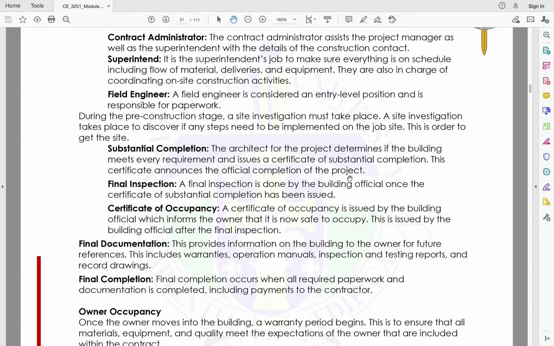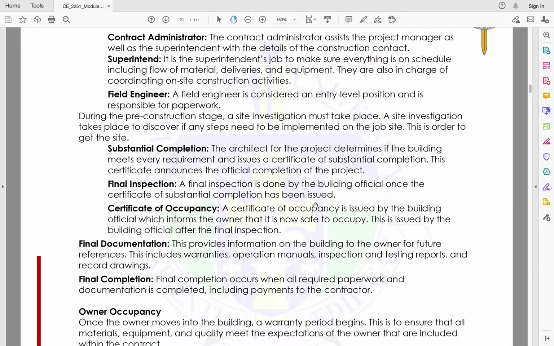Even if we say the construction phase is finished and no more work is being done, until we get substantial completion from the architect, the construction phase is not yet complete. The final inspection after substantial completion is done by building officials once the certificate of substantial completion has been issued.